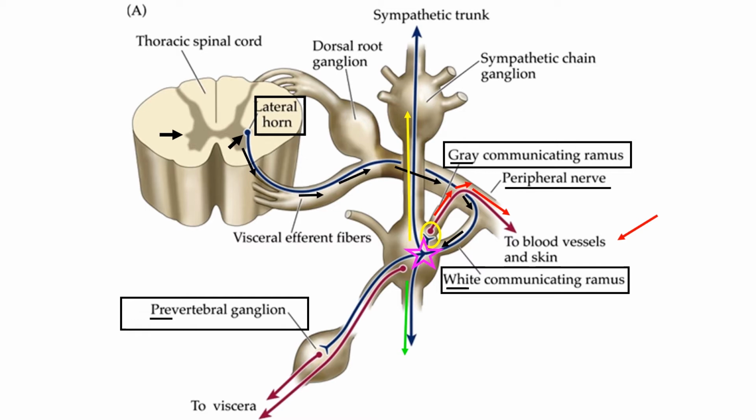as in this ganglion. The other thing is that this white ramus is going to leave the ganglion without any synapse, and it goes to another sympathetic ganglion, but not on the side of the vertebral column, meaning not to what's called paravertebral ganglia.